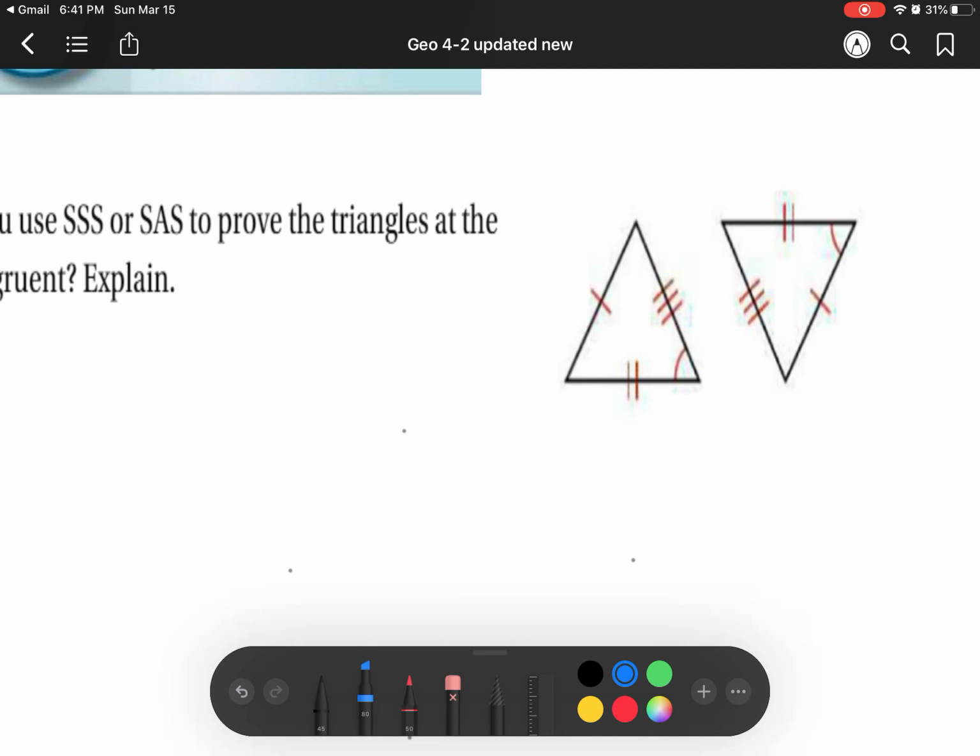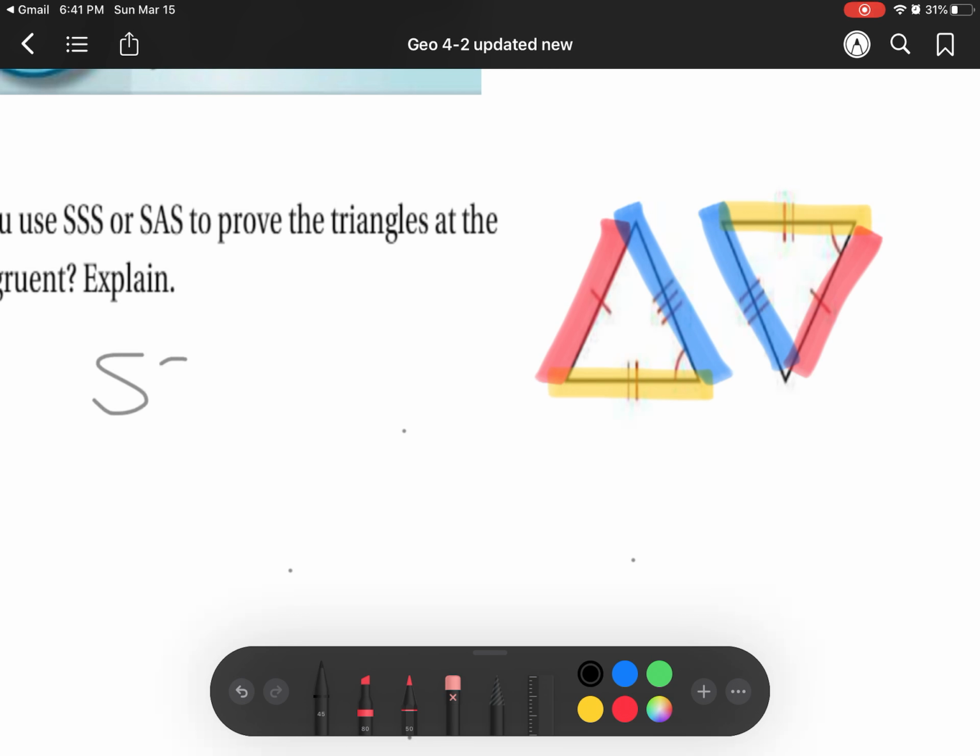I'll say this side is congruent to this side. This side with the two dashes is congruent to this side, and the last one, this side is congruent to the side. So I was able to prove that they are SSS congruence.